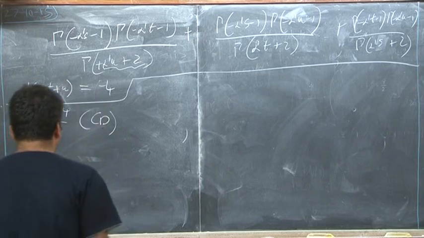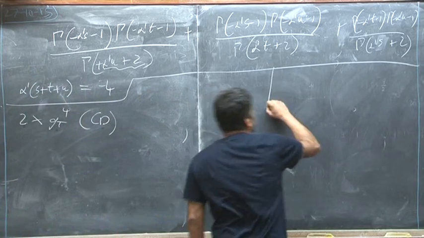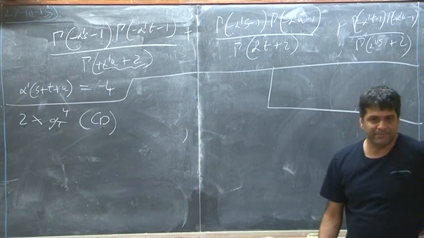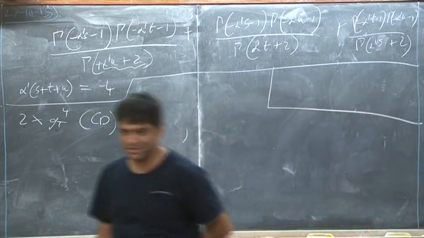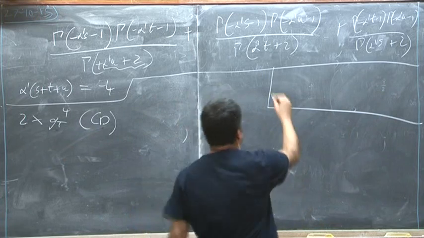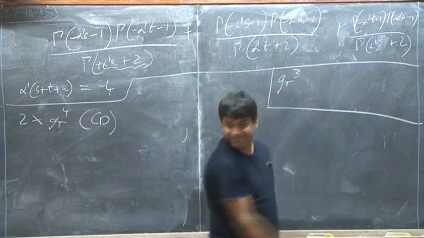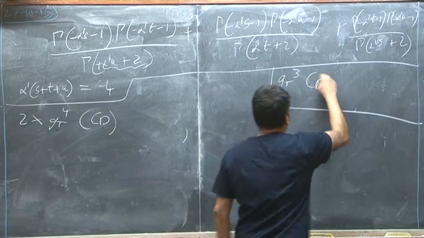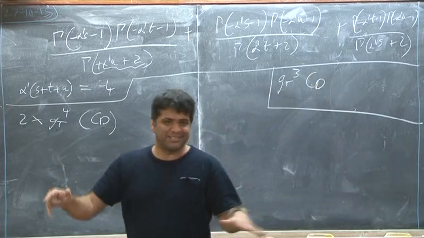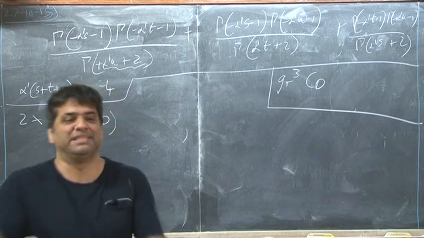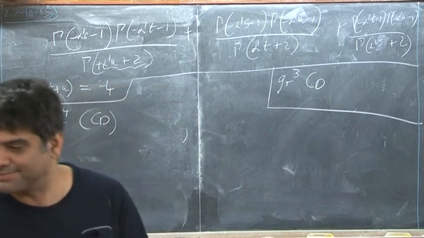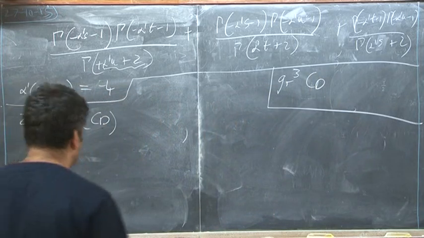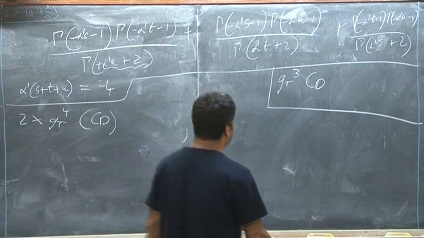Let me remind you what we got when we did 3 tachyon scattering. We got g tachyon cubed, just because of 3 tachyons, and the same factor C disk, because C disk is just the determinants in the absence of an insertion. It doesn't matter how many insertions you have to consider on the disk. And we got a factor of 2.